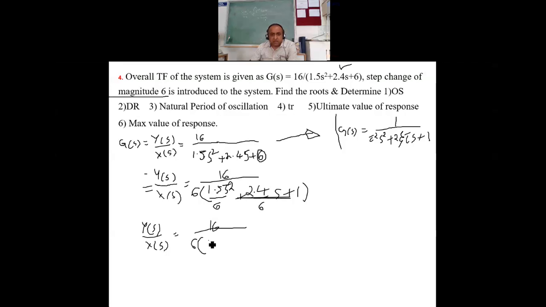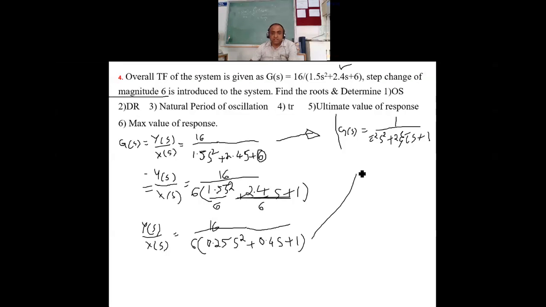Nitin has given the answer 0.25 s square. Correct. Plus what is 2.4 divided by 6? I think you get 0.4 s plus 1. See there, I have reduced it to a standard form.